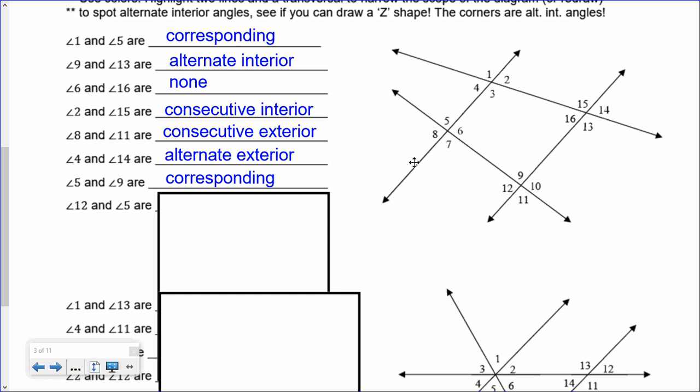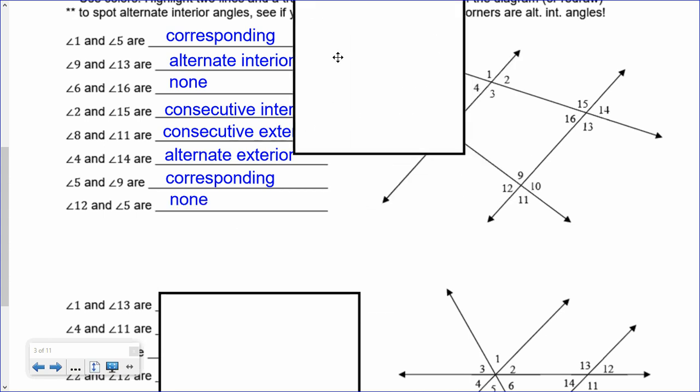Okay. And then 12 and 5 are both on this line right here. And that transversal is crossing this line and this line. But when you take a look, notice that 5 is on the outside of these two lines, but 12 is on the inside. Okay? But they're alternate. There's no such thing as having one on the outside and one on the inside and still being alternate. There's no relationship that exists like that.